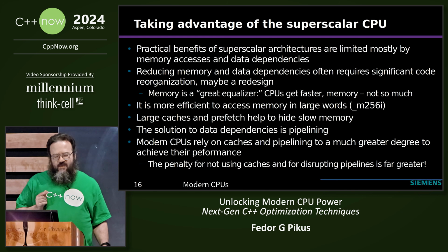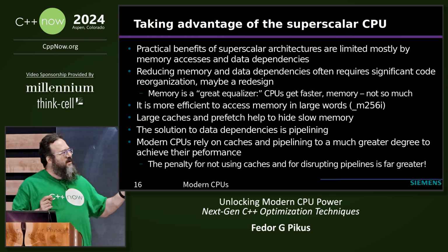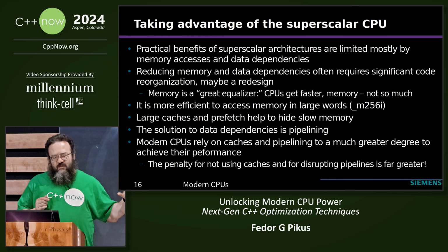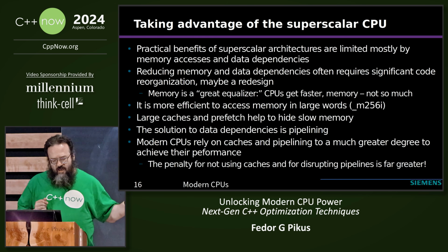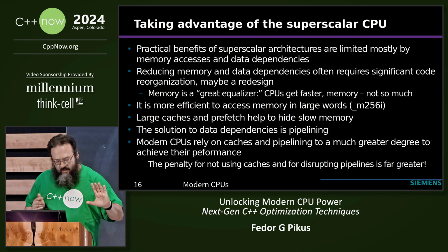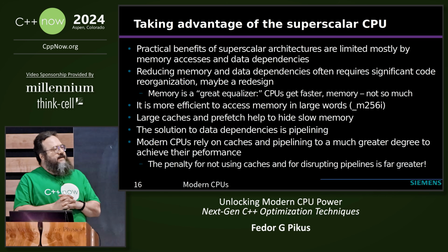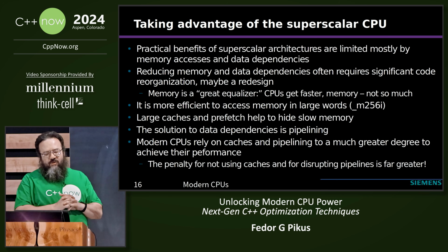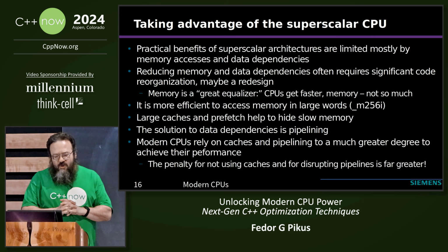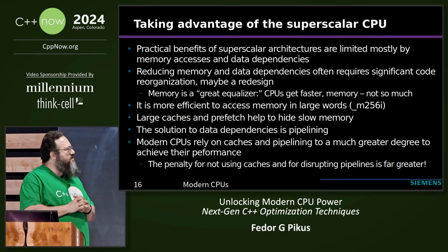Okay, the other part that actually helps you still take advantage of the superscalar architecture is larger caches. That's to hide the slow memory, and the pipelining, and that's to hide the data dependency. So modern CPUs rely on both caches and pipelining in general to a much greater degree than the older CPUs.